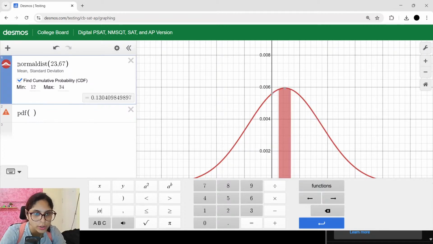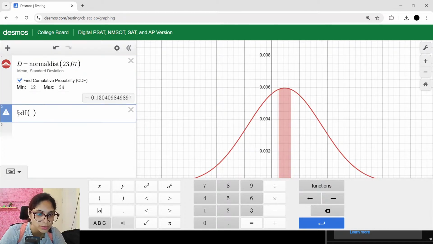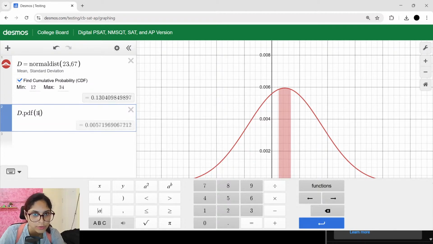So I'm going to call this D. This is just like your coding, so you can do D.PDF of 4. So PDF for 4 is this much. For 45 it is this much. If I write 23, it's this much. All right.